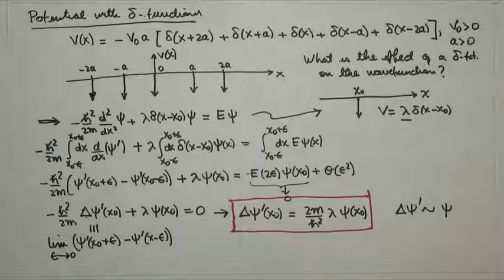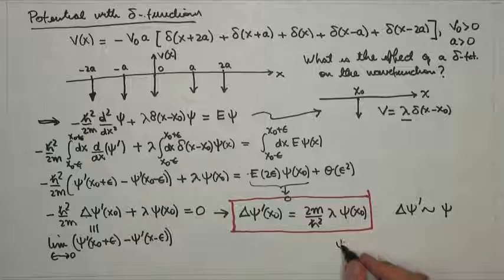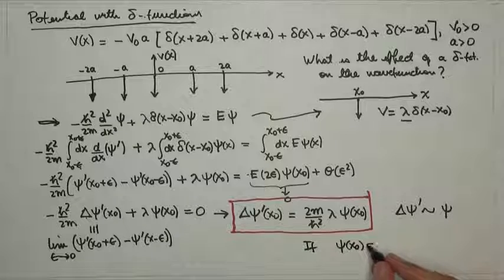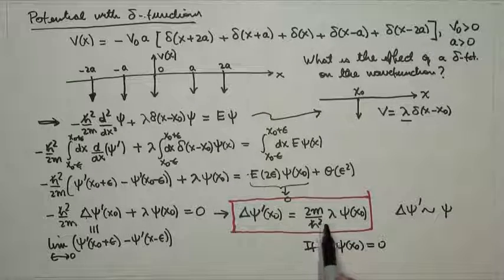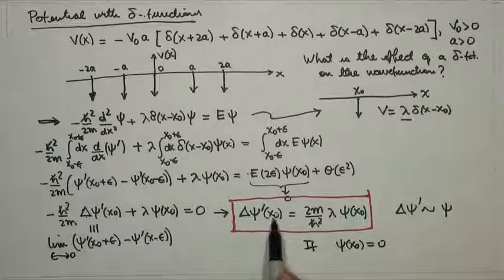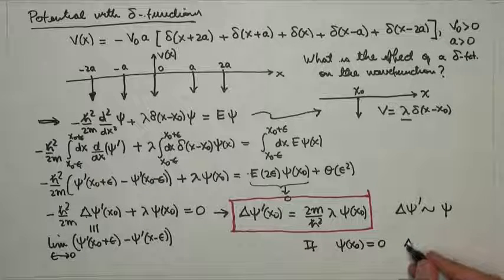Now that we have this result, you can also see that if psi of x0 is equal to 0 by some accident, the delta function has no effect whatsoever, because the slope of the wave function is continuous. This right-hand side is 0, and the wave function doesn't see the delta function. It's not affected at all. So in this case, delta psi prime is equal to 0.